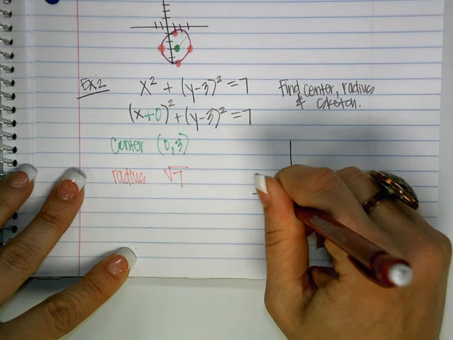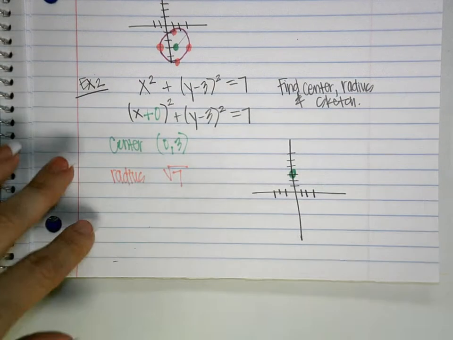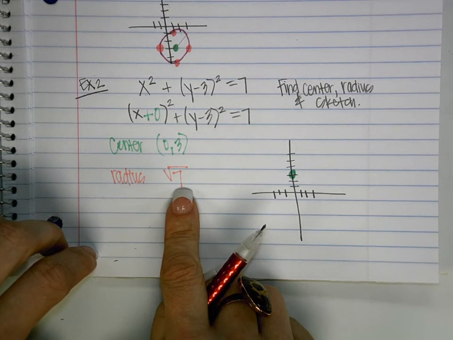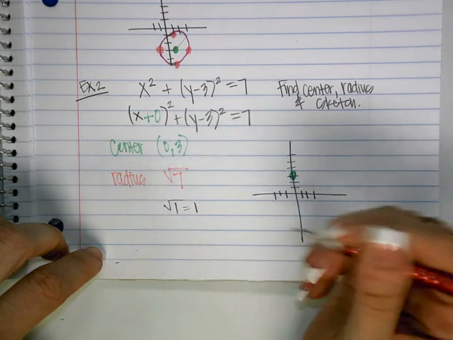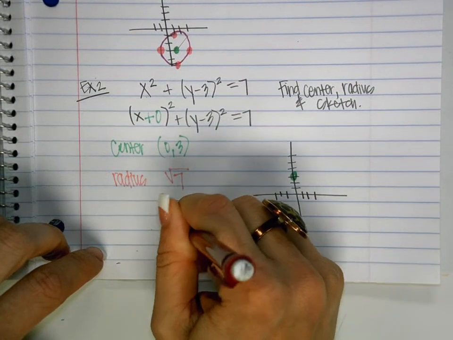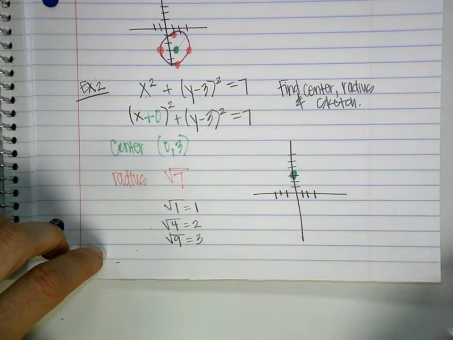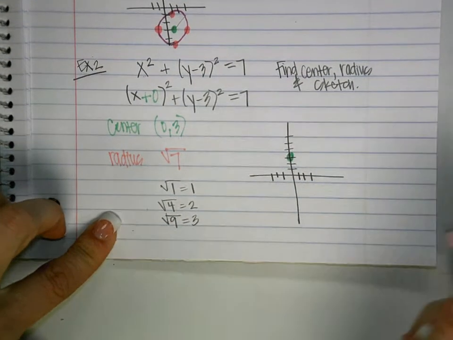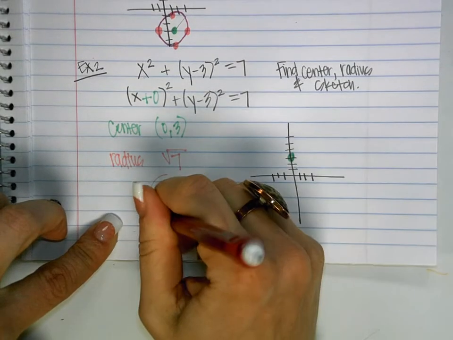I need to know what root 7 is just so that I can make the graph. If you think about it, we know that root 1 is 1, root 4 is 2, and root 9 is 3. So root 7 would be where? In between 2 and 3.